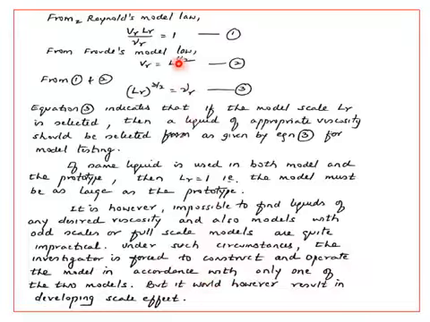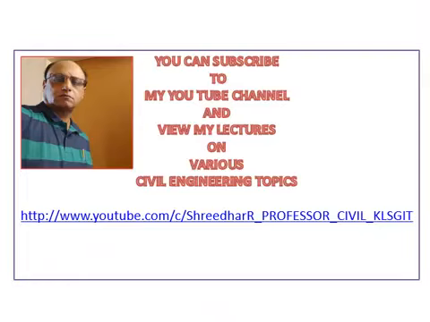By following the predominant force and neglecting the secondary influence on the model, we can still transfer the results without any appreciable error. That's how all the models are constructed, based on one particular model law, depending upon the forces that are predominating in the flow phenomenon.